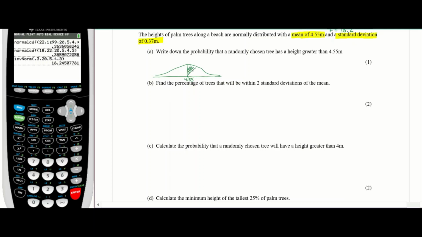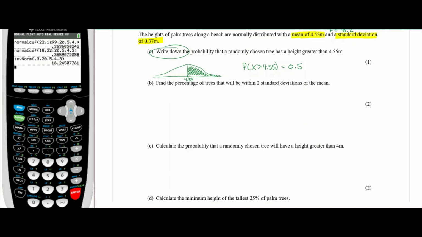Well, 4.55 is my mean, and we know from the properties of the distribution that the probability of being greater than the mean is going to be 50%, because the mean is the exact midpoint of the distribution. So that's just 0.5. If the mean is your cutoff, it's 50% on either side. A big clue here was the fact that it said write down, which means it shouldn't really take much work to figure it out.